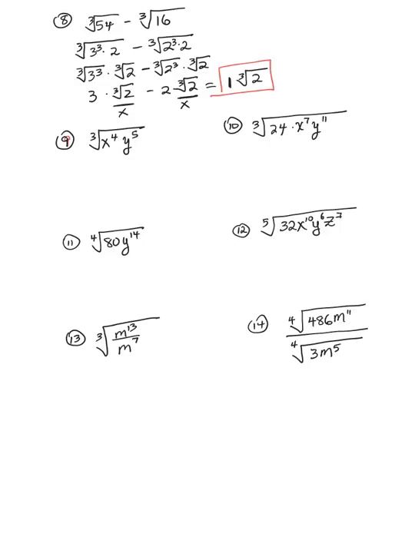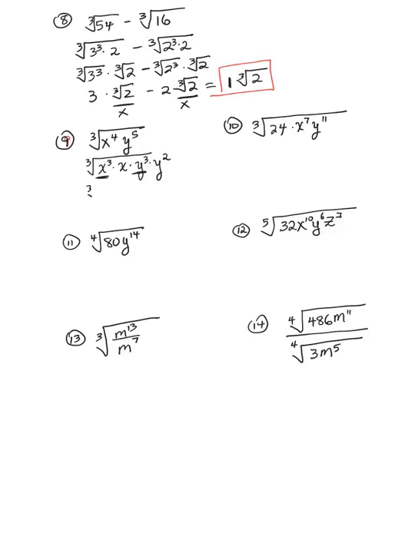Okay, let's start on number 9. This is prime factorized, but we could split this up into multiples of 3. The first one is x cubed times x, and the second one is y cubed times y squared. So if we take these and find their cubed roots, the others remain.